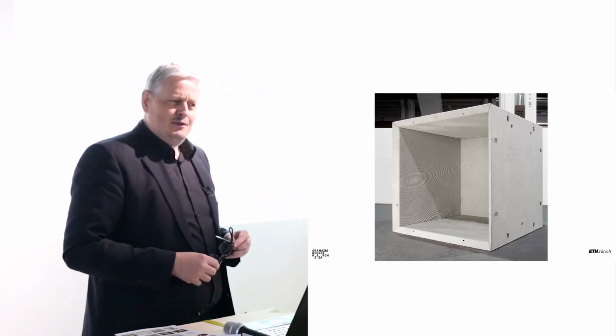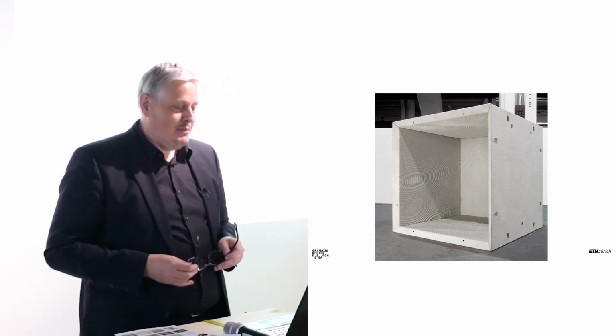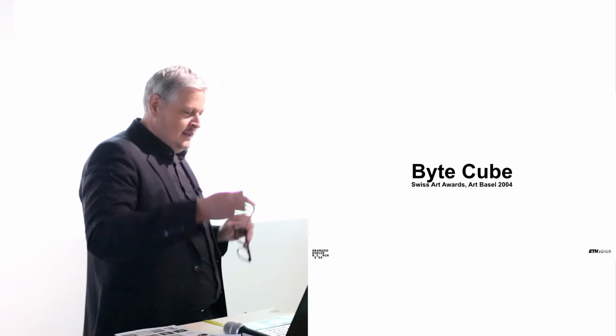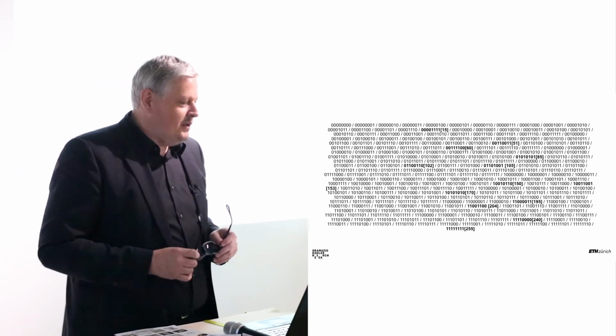So then the next year we thought, okay, we're going to enter again. And then we presented the Byte Cube. The Byte Cube had the same format of, what was it, 2.3 meters, I believe, as a cube. And we did a very simple thing.